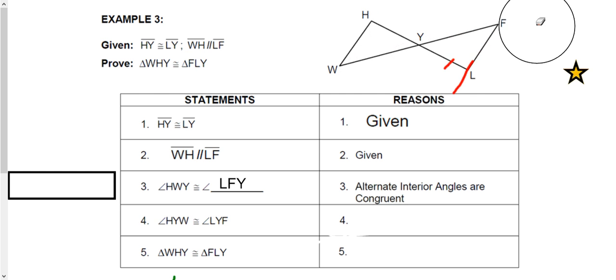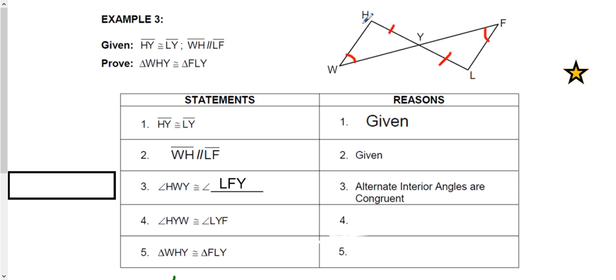And then what do they have next? They have these two angles. Let's mark those. I'll have to go back, I erased too much in the picture. So we had HY congruent to this, and then we just saw this angle is congruent to this one, alternate interior angles. And then they tell us these. We've got to come up with a reason.